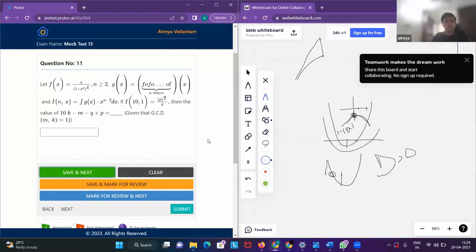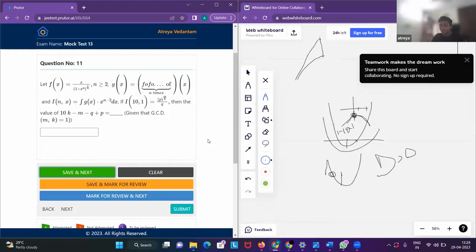Okay, f of x is something. This is a very interesting question. So let us just analyze f of x, and you'll get a very interesting answer. So you'll actually get x by (1 plus x power n) the whole power 1 by n, divided by 1 plus (x by (1 plus x power n) the whole power 1 by n) the whole power n, the whole power 1 by n.